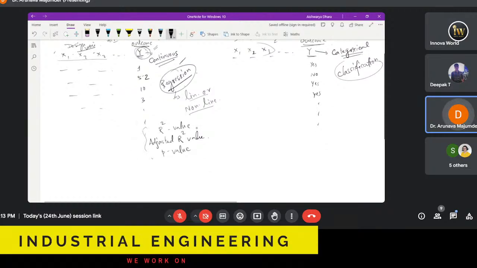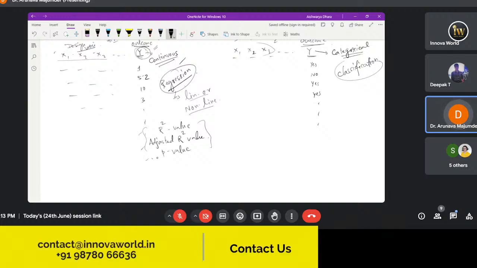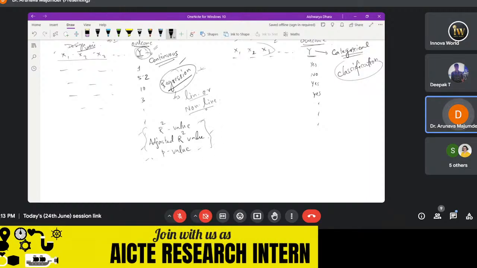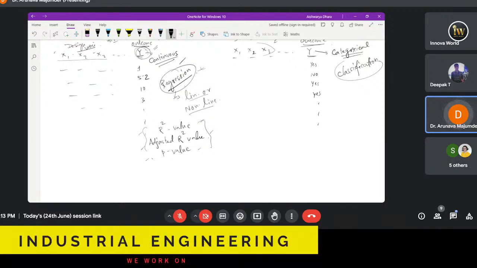Okay, these are the parameters which we will be checking after creating the model. Based on these values, you can understand whether the regression model is the best fit or not.